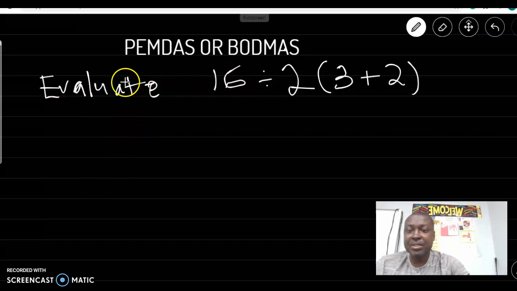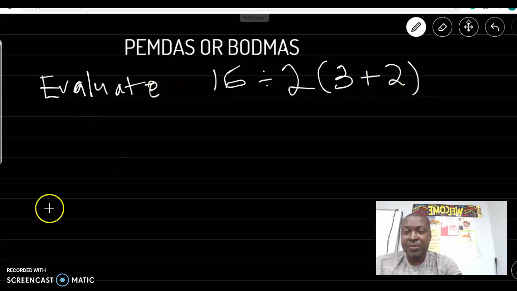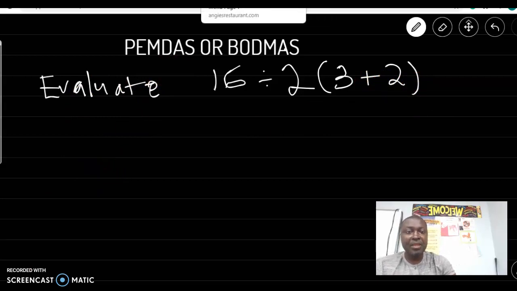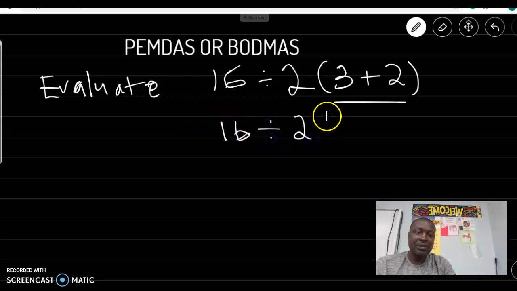Right now, let's use it to evaluate 16 divided by 2 times the parentheses 3 plus 2. If we are using PEMDAS, that means we have to do the parentheses first. So we rewrite 16 divided by 2 times the parentheses 5, since 3 plus 2 is equal to 5.